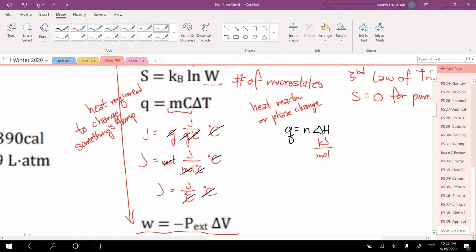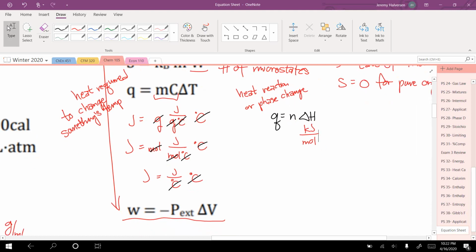So if I'm vaporizing, this will be delta H of vaporization. If I'm combusting, it'll be delta H of combustion, right? So kilojoules per mole. So then I have to multiply by moles to get my kilojoules.